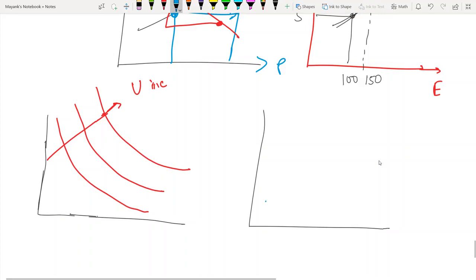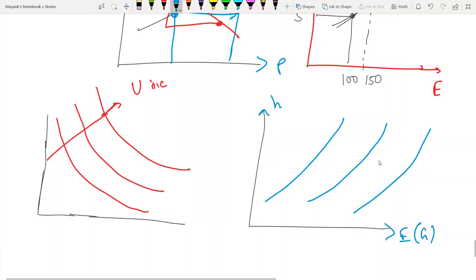Here we'll have ICs which will look like this. Which direction points to, let's say this is earnings and this is hours worked. So this is the good and this is the bad. Which direction is utility increasing? Right or left?